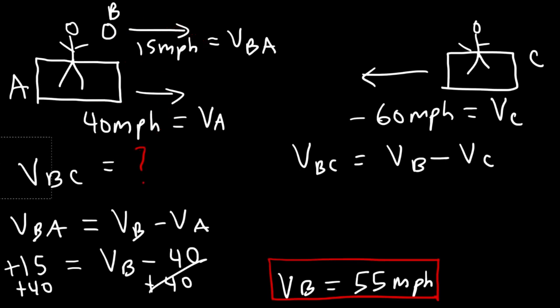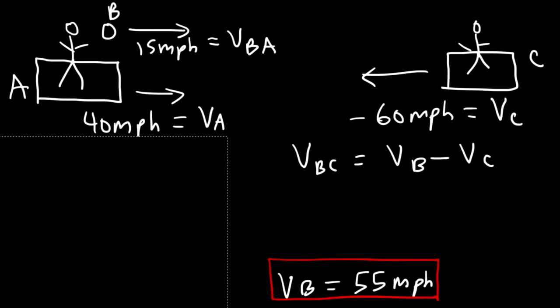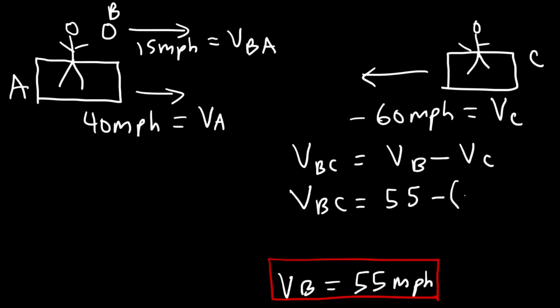Now that we have VB, let's use it to find VBC. The velocity of the ball with respect to car C is equal to VB minus VC, which is negative 60. So that becomes 55 plus 60, which is 115.